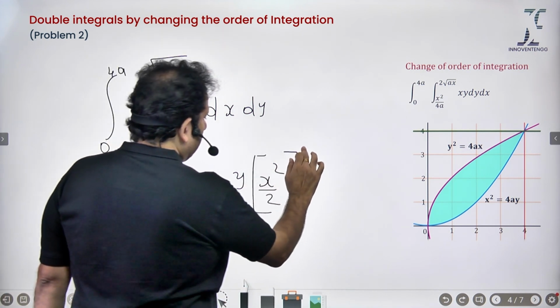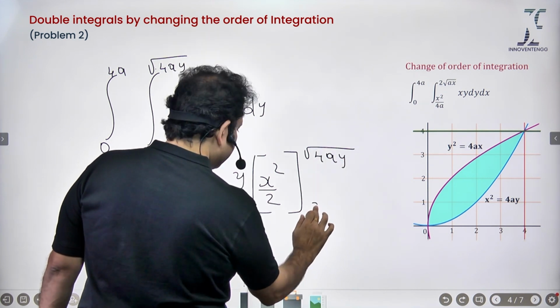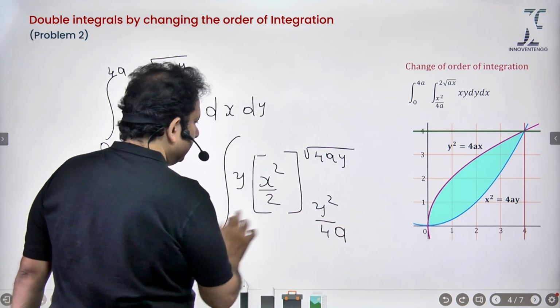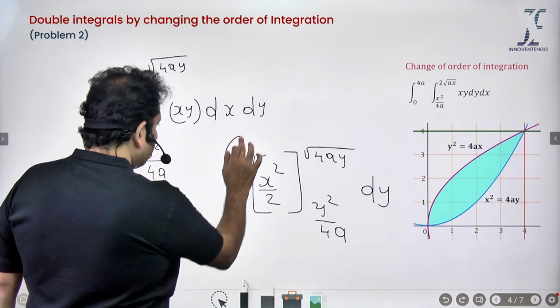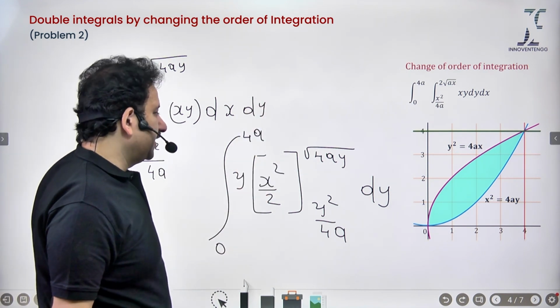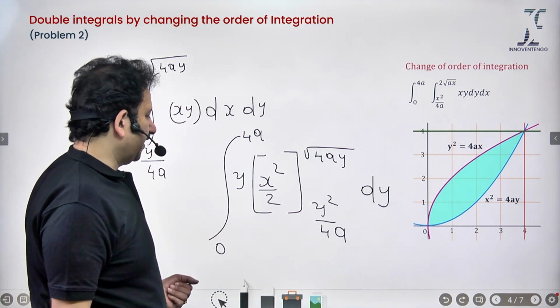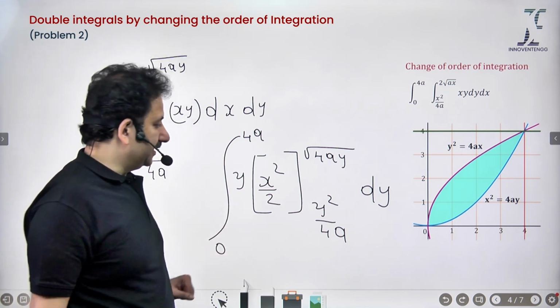My limits are root 4ay and then y square by 4a, and then integration with respect to y 0 to 4a. So first I will put the upper limit root 4ay and then the lower limit, and then subtract it, then multiply that by y, and then carry out the integration.